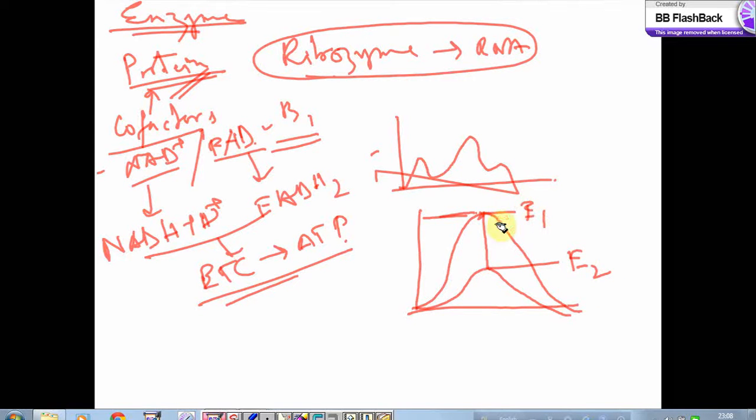What happens is that without any kind of enzyme, this activation energy level is very high, but with the help of this enzyme, this activation energy level goes down to this much, so the reaction becomes easy and much faster.